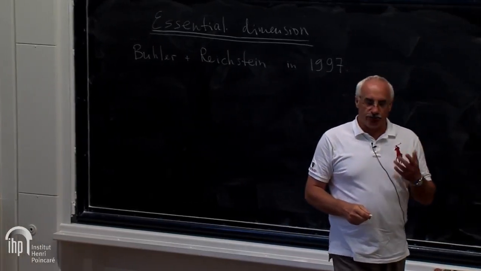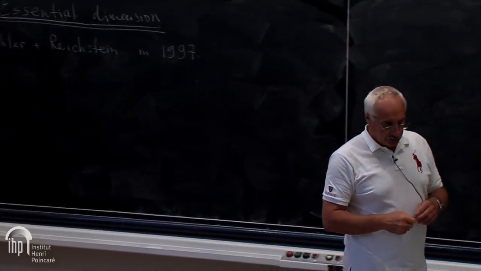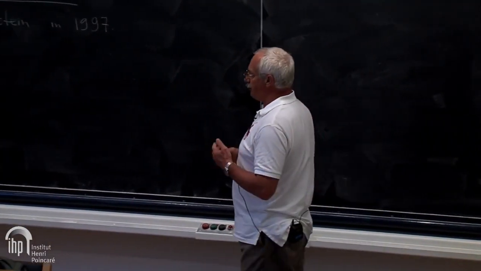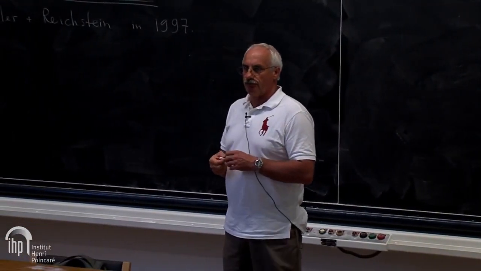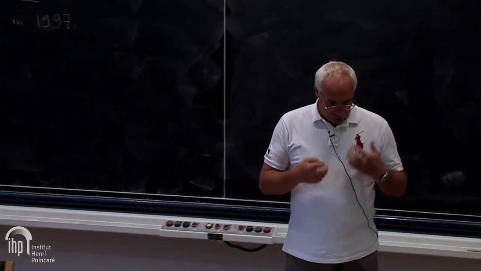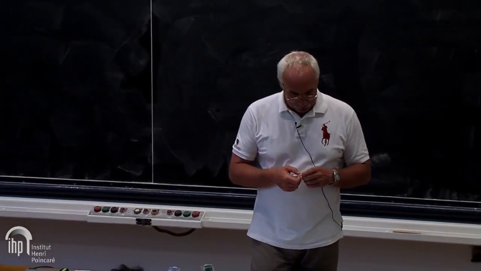In a special case of a finite group, then they defined essential dimension for algebraic groups, and later a more general definition was given for quite a wide variety of algebraic objects.